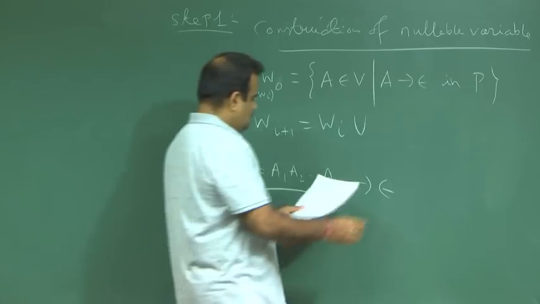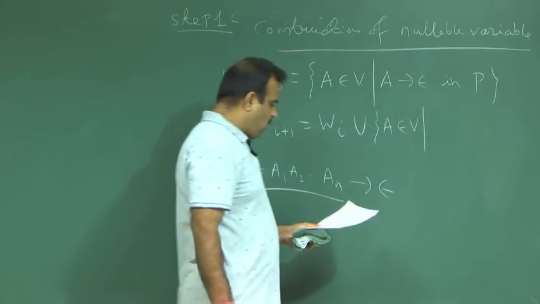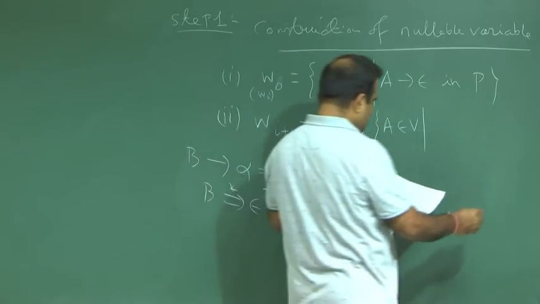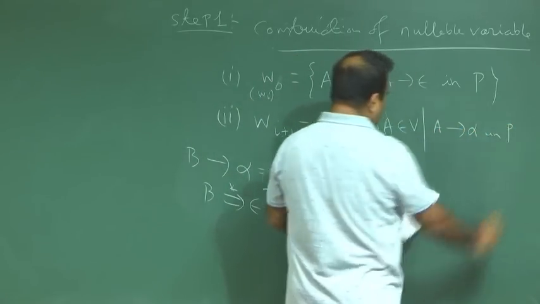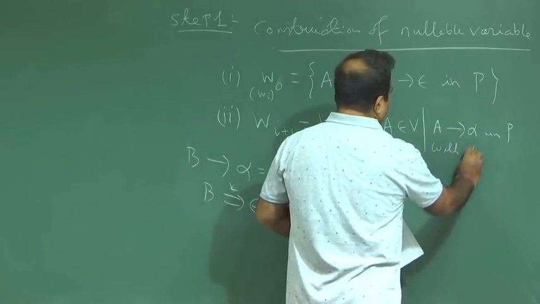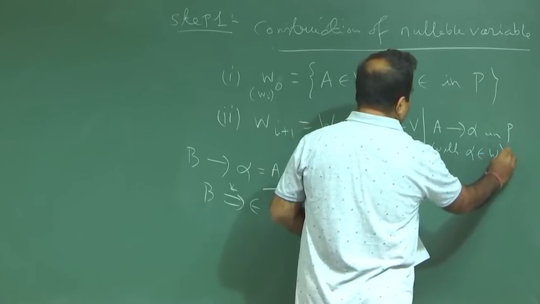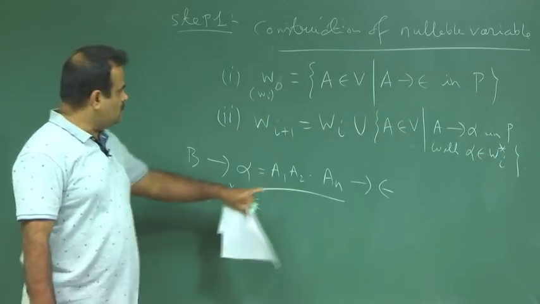So, this is the union with all the variables A such that there exists a production A goes to alpha in P, where alpha belongs to W i star.